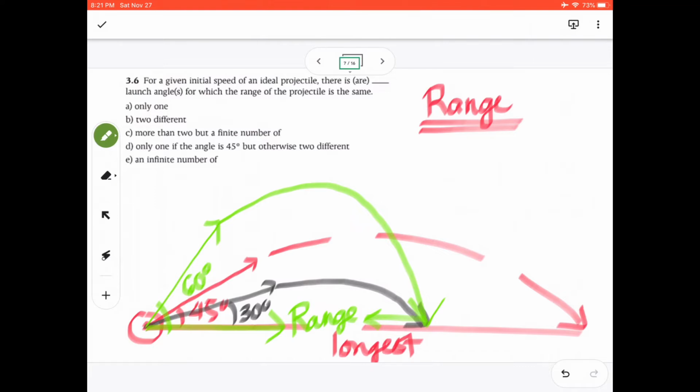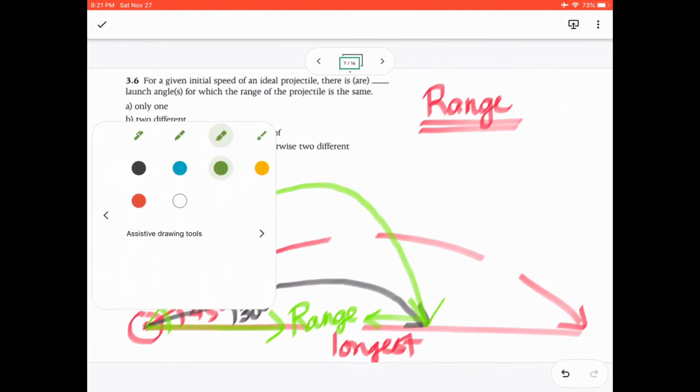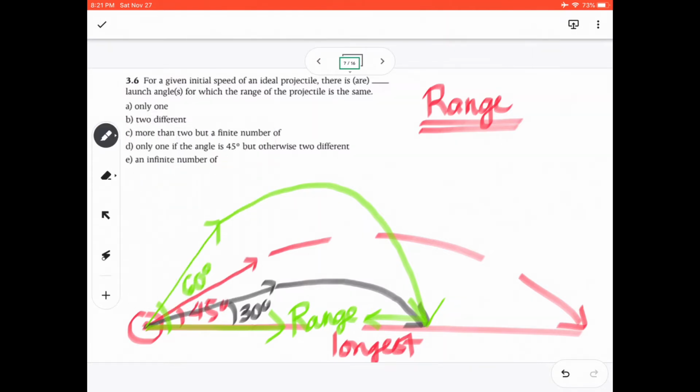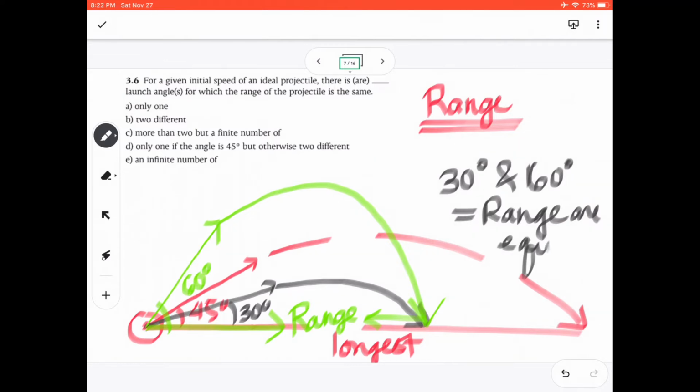Why? Because they are complementary angles.